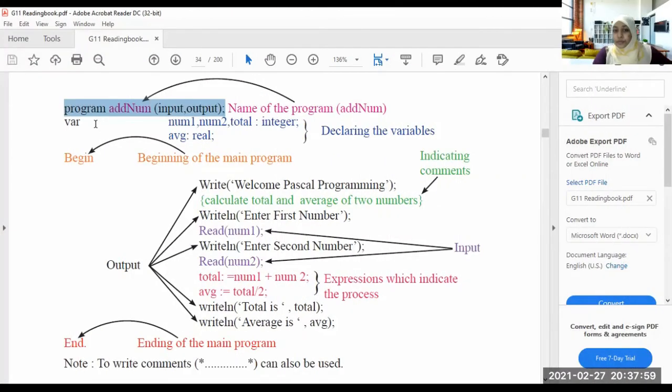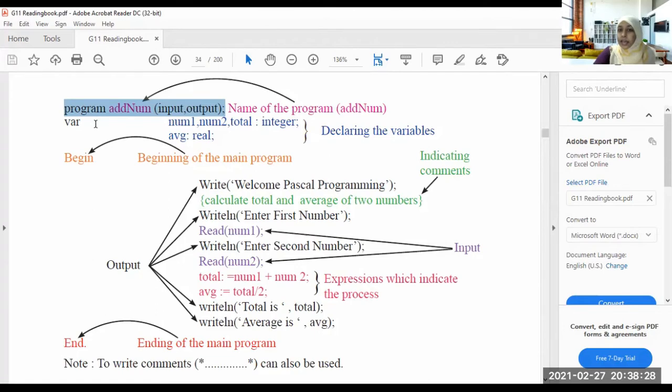When we begin a Pascal program, first we should write the name of the program. For an example, I'm going to make a program on how to make a tea, so my program's name is tea.